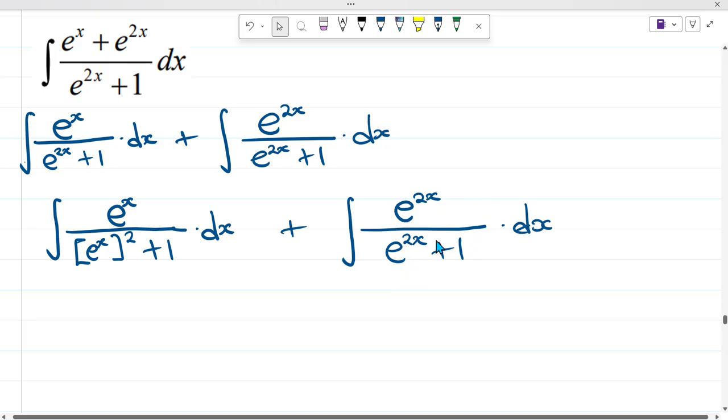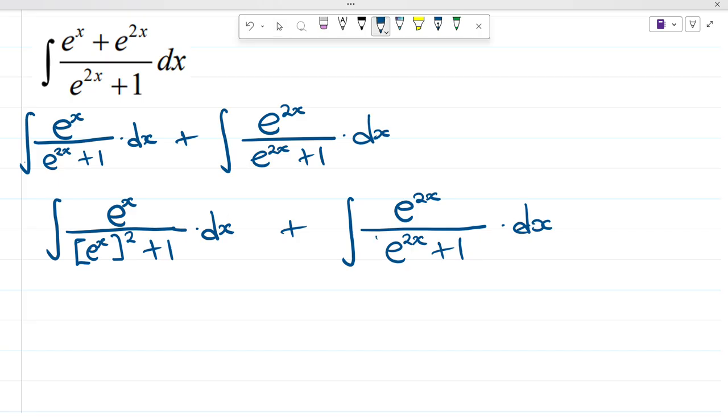Since the e to the power x thing is failing to be the inverse, we're going to try making the whole denominator f of x, meaning we're going to say this thing to the power 1. So when we make this whole thing f of x, we have e to the power 2x plus 1 as our f of x.